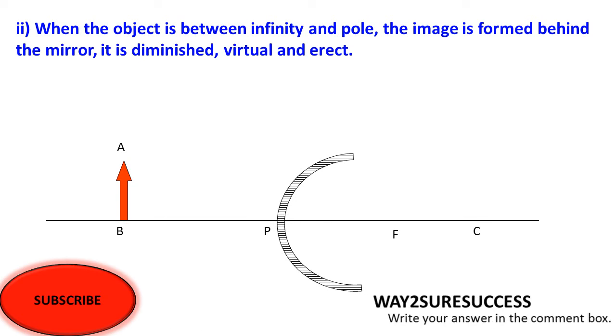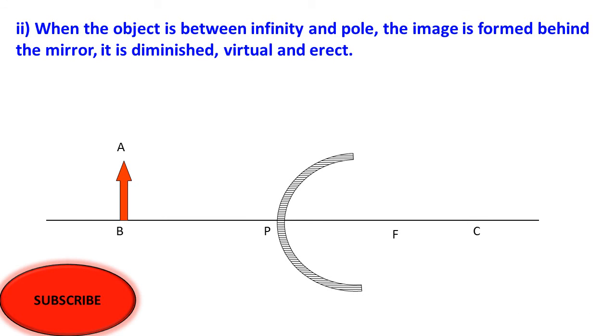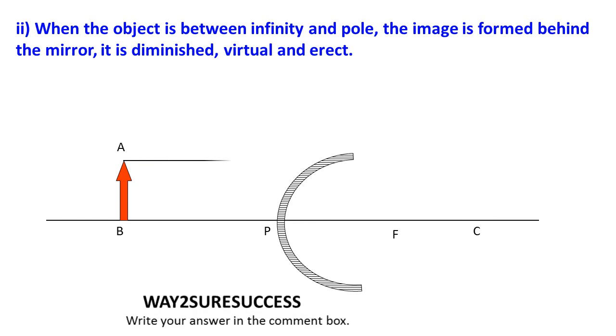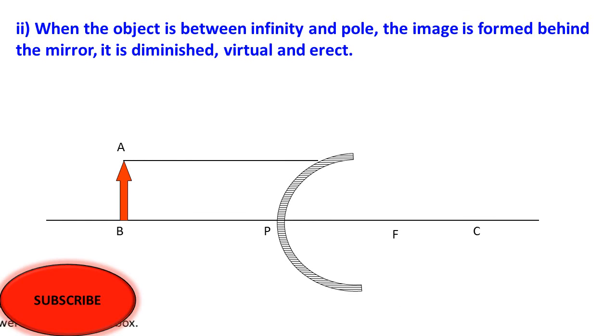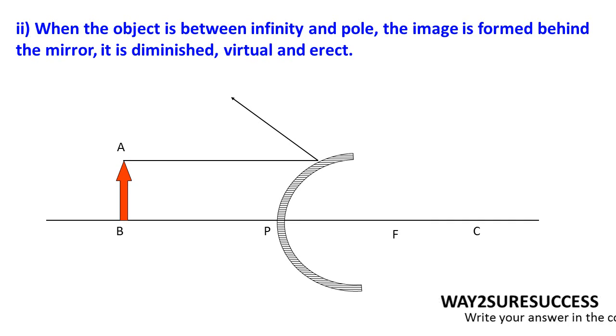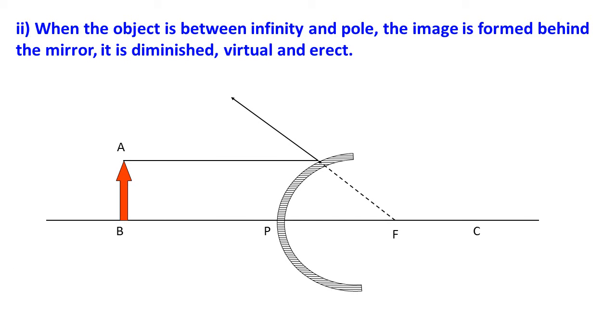In this case, you have to draw two light rays, one parallel to the principal axis and another one through the center of curvature. Here you have to keep in mind, the focus and center of curvature for a convex mirror will be behind the mirror.